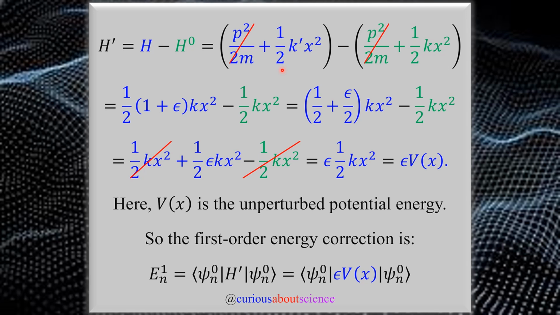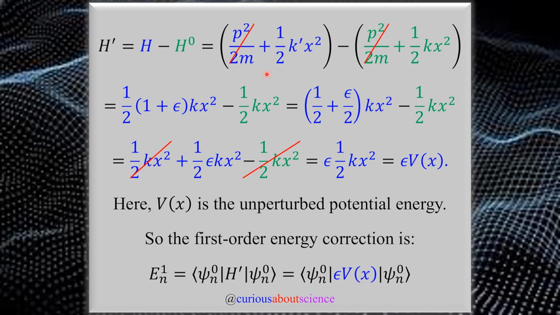And if we go ahead and plug in all this stuff, because we know that the Hamiltonian is just the kinetic energy term and the potential energy term, but we modified it and we're told that the new Hamiltonian was with k prime, so we can solve for the exact perturbation.